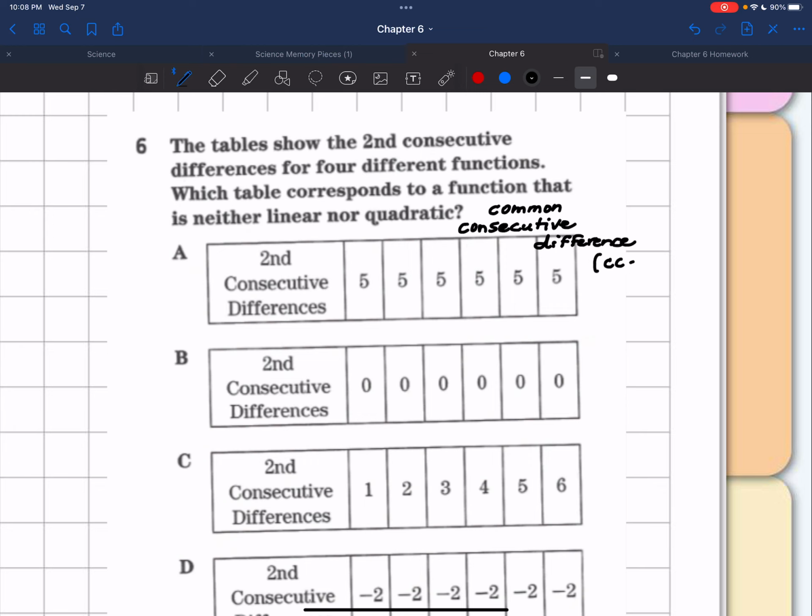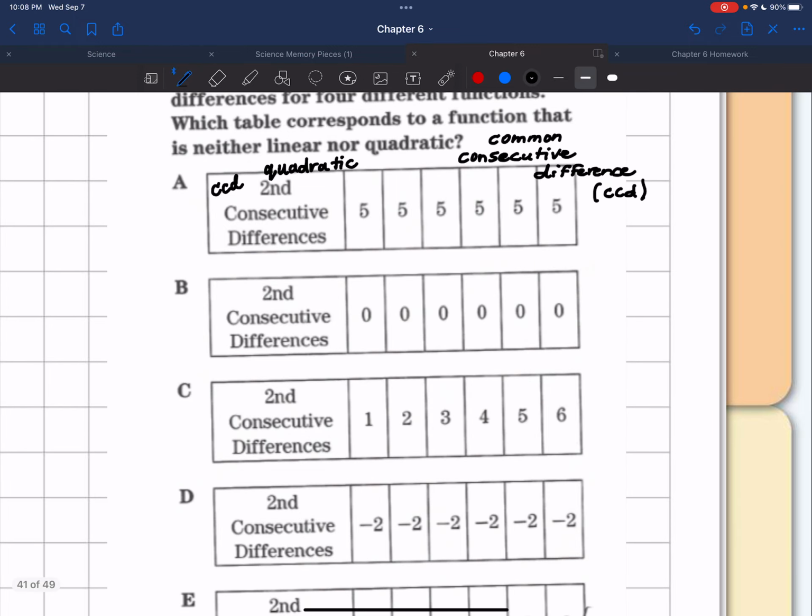So the CCD is common at second degree. That is a quadratic function. I don't need to see the function to tell you that it's quadratic because it's common at the second level. On this one, at the second level, the CCD is common. So this is quadratic.